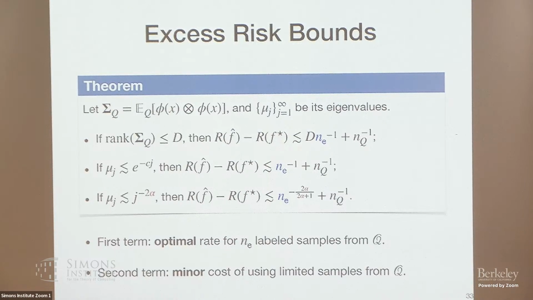And the first term is not just a function of effective sample size, but it's actually the optimal rate if you have that many labeled samples from the target Q, which we don't, but it adapts to the structure. And the second term is very minor. So you don't need too many unlabeled data from the target Q to make this term small.